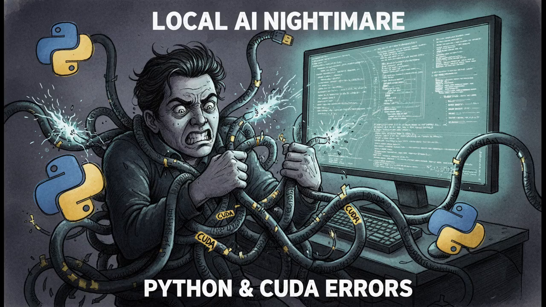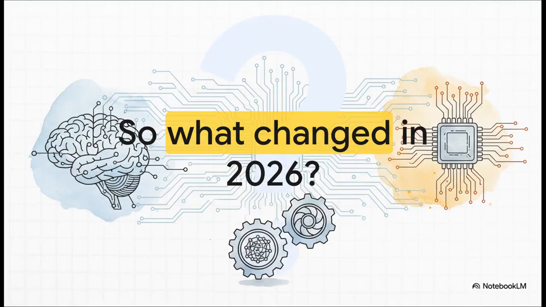You practically needed a PhD in Python, you'd spend days, maybe weeks, fighting with NVIDIA's CUDA drivers, and you were just constantly drowning in error messages nobody understood. It was strictly for experts, and even they struggled. So what changed? How did we go from that nightmare scenario to where we are today? It really boils down to two massive, game-changing breakthroughs that happen to work together perfectly.